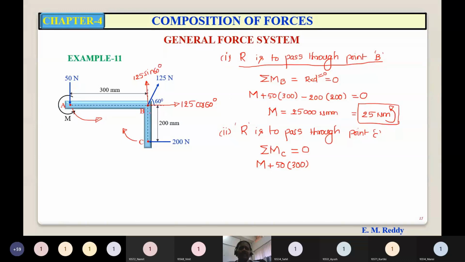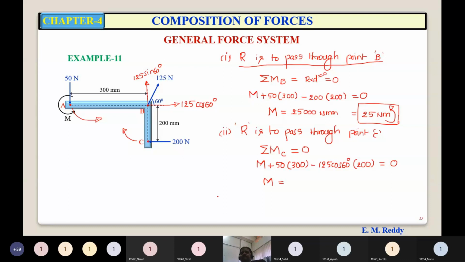So about point C, the moment of the horizontal component is minus 125 cos 60 into the perpendicular distance 200. The moment of the vertical component is 0, the line of action is passing through it. The moment of this 200 is also 0 about point C. This is equal to 0.